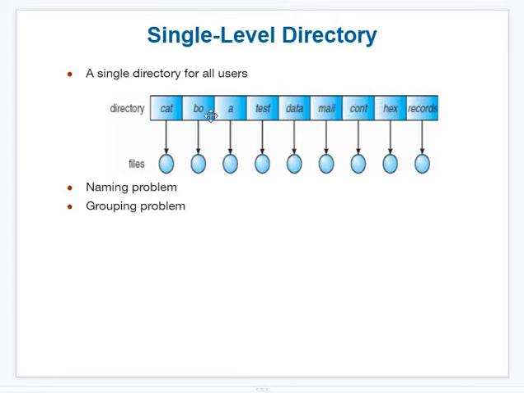So all of A1 to A9 are directories of the same level. Now the word level is important. Each directory has some files. The condition for this single level directory, which is not popular now, is that these files should not have the same names. That is called the naming problem.